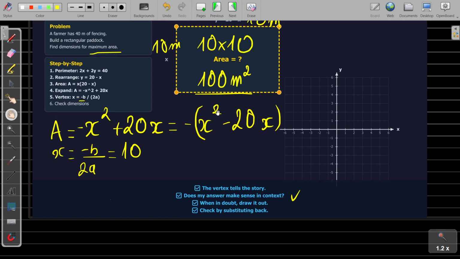Now, of course, if we're still in doubt, draw it out. This is like a habit that has been a classic in this channel. Now we need to sketch the parabola minus x squared plus 20x.